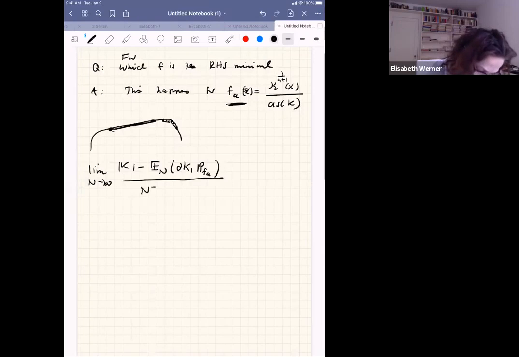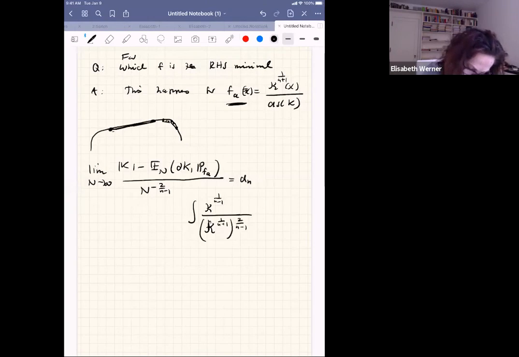Then we'll get our dn, and if I put everything in, we'll have kappa to the 1 over n minus 1, and then we'll have our function f, which is kappa to the 1 over n plus 1, but that gets raised to the power 2 over n minus 1.